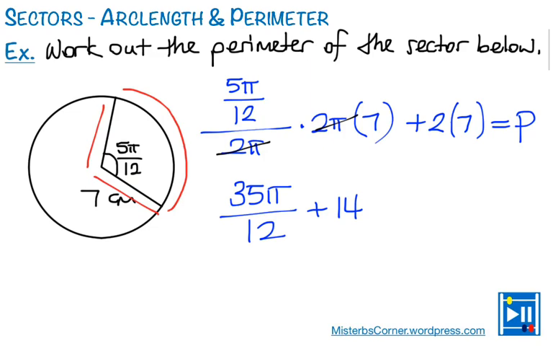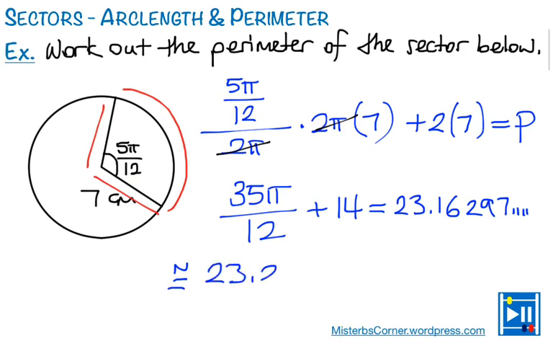When you key this into your calculator, you end up with 23.6297 and so on. To write this in 3 significant figures, I'm going to go 23.6 centimeters, 3 significant figures.